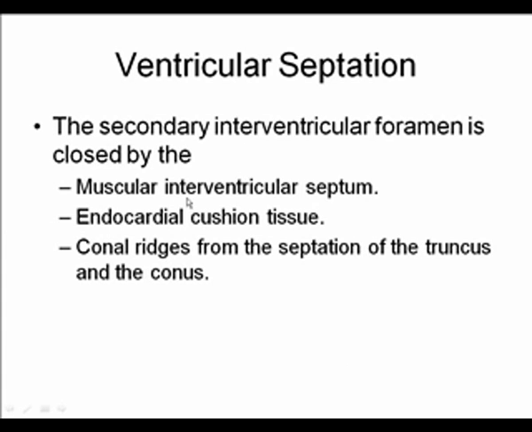Those three sources are muscular interventricular septal tissue, that is connective tissue from that muscular septum, from endocardial cushion tissue, and from ridges that spiral down from the septation of the truncus and the conus and separate the pulmonary artery and aorta.